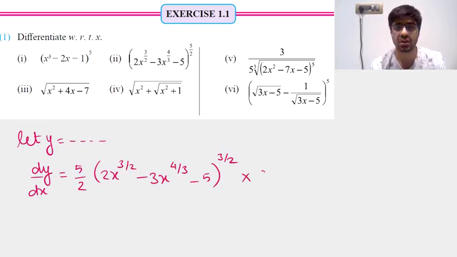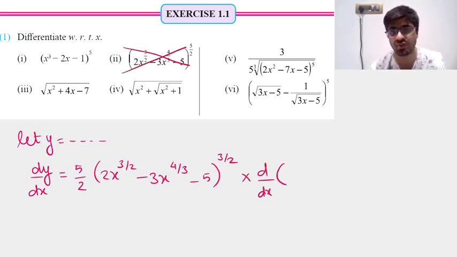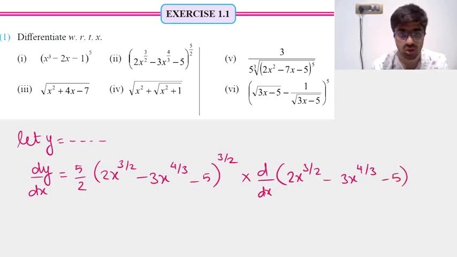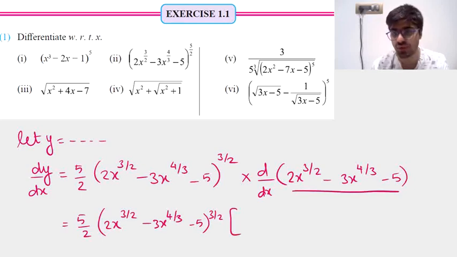But we need to further multiply this with the derivative of whatever had come in place of X, and that was 2x power 3 by 2 minus 3x power 4 by 3 minus 5. So the final dy by dx will be 5 by 2 into (2x power 3 by 2 minus 3x power 4 by 3 minus 5) power 3 by 2, into the derivative of the entire term here.